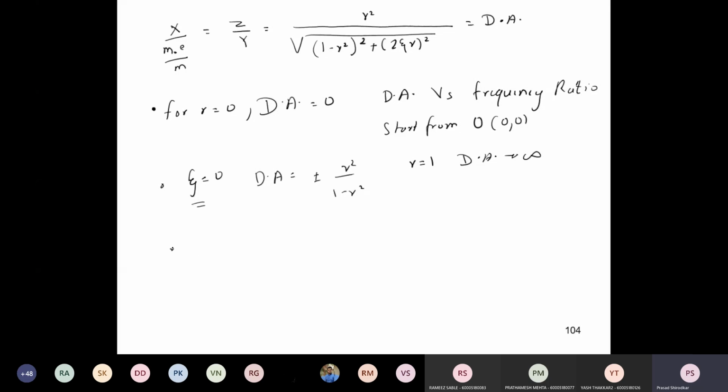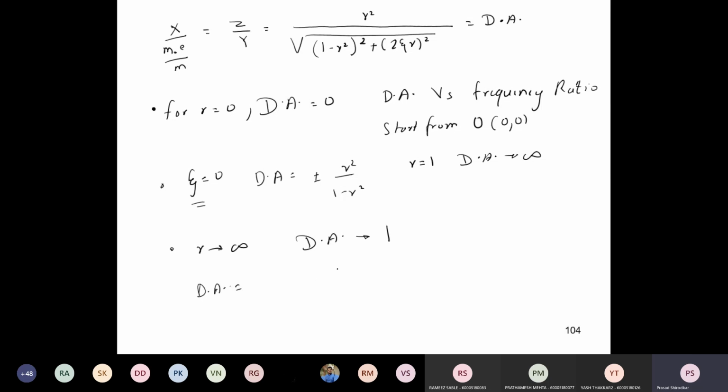Then when r tends to infinity, dimensionless amplitude becomes 1. Here the dimensionless amplitude tends to unity as r tends to infinity, and you can easily see that from this equation.